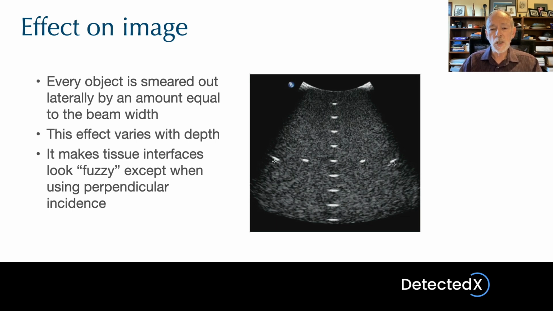Here's an image from an ultrasound phantom. This phantom contains soft tissue mimicking material, but we're particularly interested in the point targets, which are nylon lines perpendicular to the scan plane. These are very small nylon lines and they should ideally appear in the image as dots. As you can see, this being a curved probe, they're being displayed as curved lines.